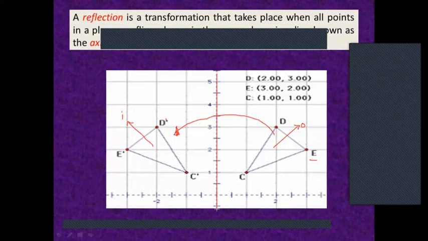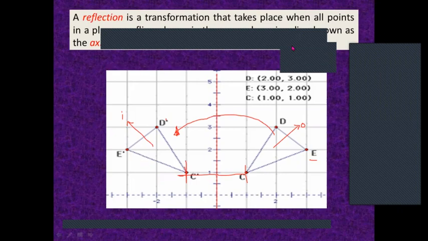So that means it should have the same distance. From the axis going to the object, and from the axis going to the image, it should have the same distance. Okay, so that is the first step. What is a reflection? Now let's go to the next.